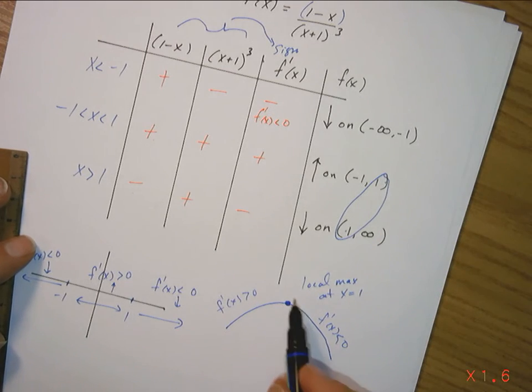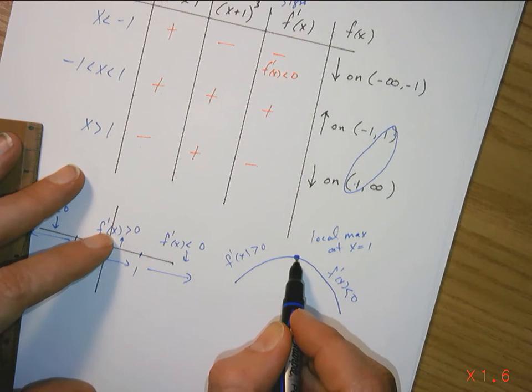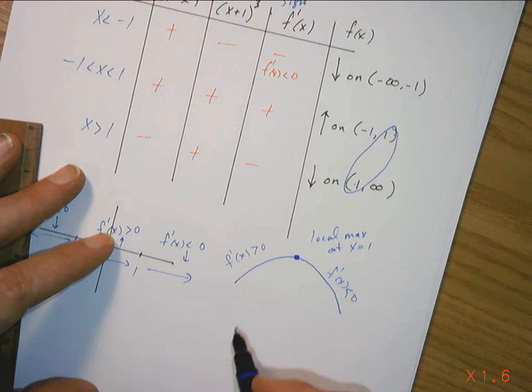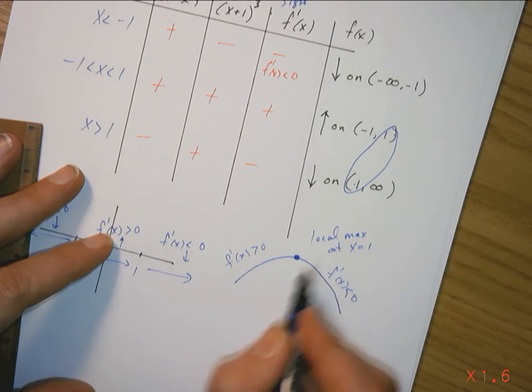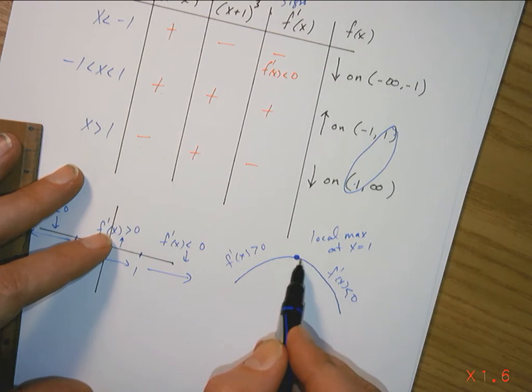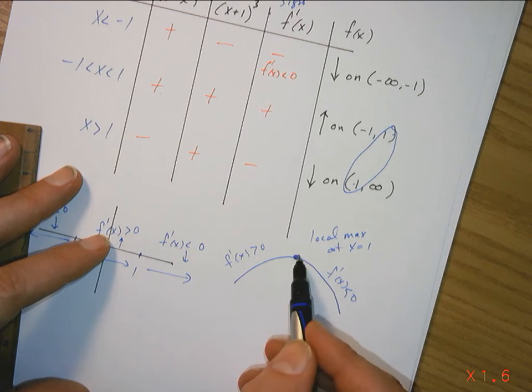And that local maximum, what local maximum means is that that point is higher than the points directly on either side of it. To be a local maximum, you have to have points on either side. That's going to be important later. You have to have points on either side to be a local maximum, and you have to be higher. So increasing to decreasing.